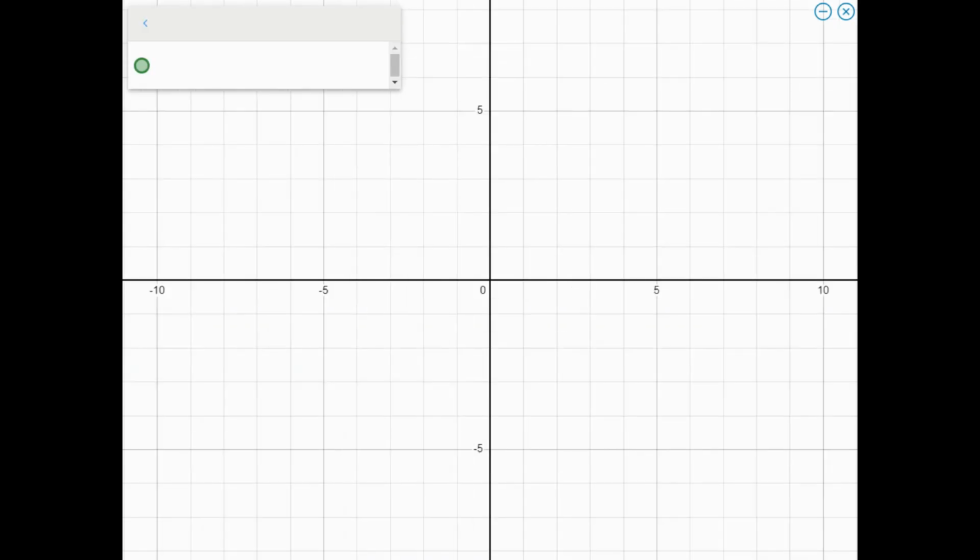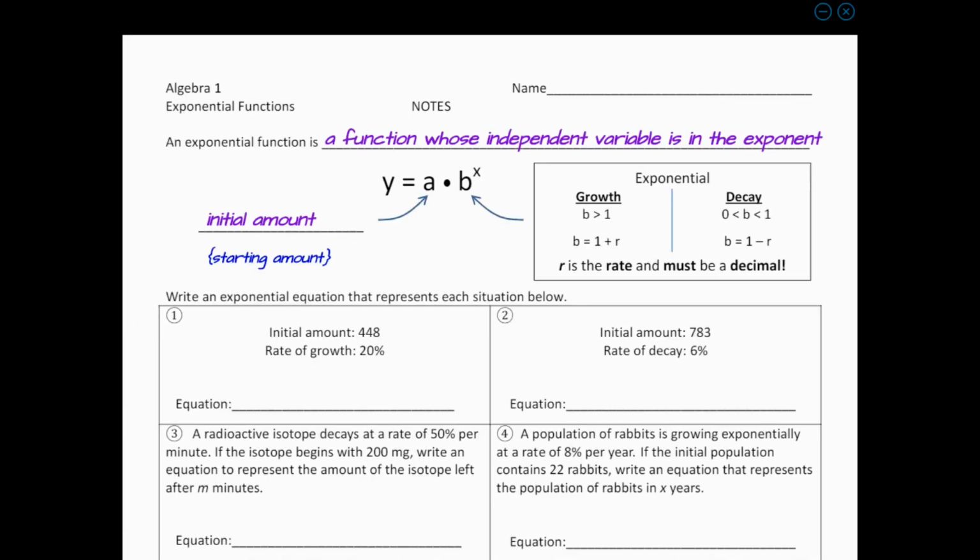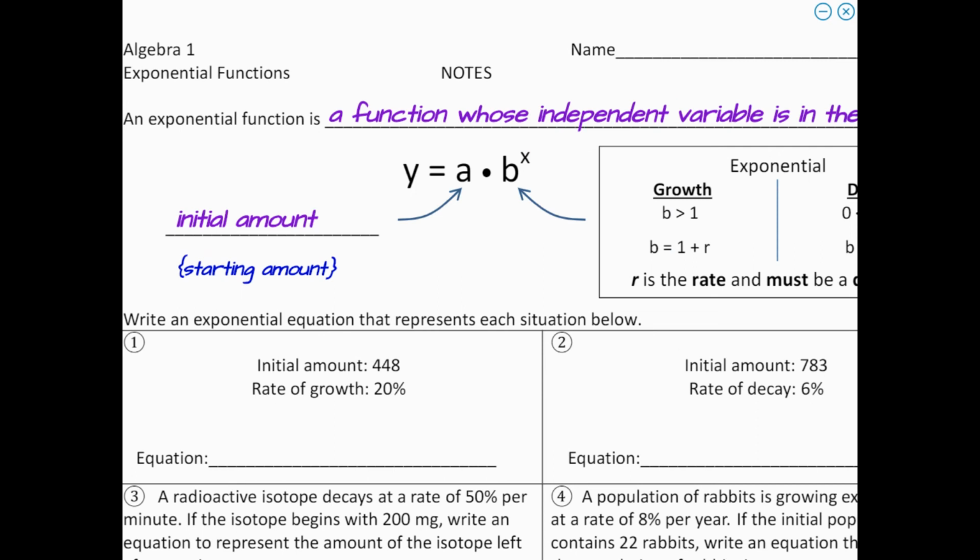At the top of the next page, you need to know this information right here, this blank, for some of your Get More Math points. Your initial amount or your starting amount is any number that's multiplied by the base that has the exponent on it. So not the number with the exponent on it.